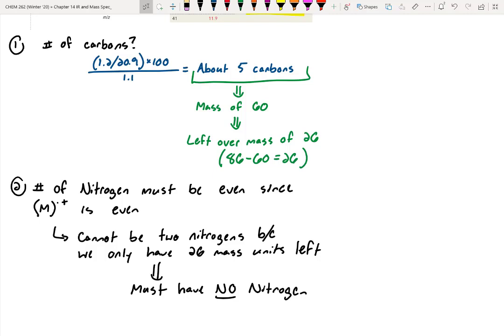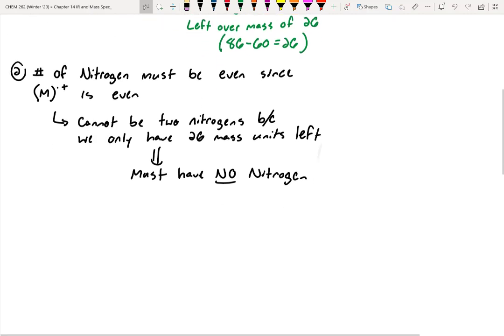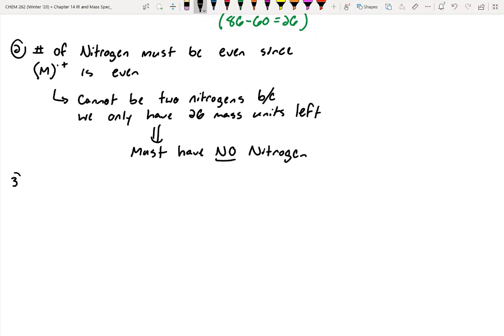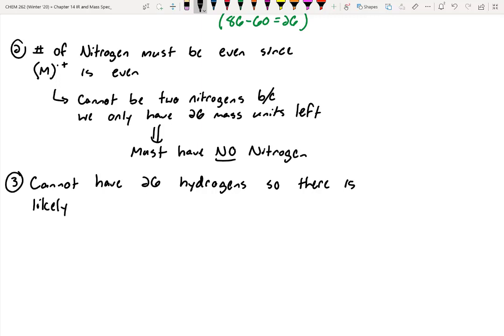Unless you made some super extra large Texas carbons, which would make me incredibly sad, it is not going to occur. Which implies what? We probably have an oxygen. So let's make a note here, number 3 in our thought process: cannot have 26 hydrogens, so there is likely an oxygen.